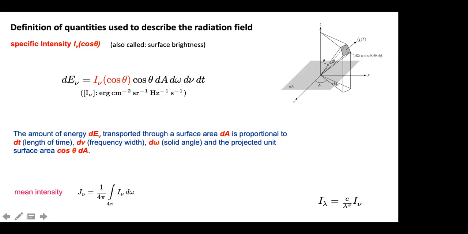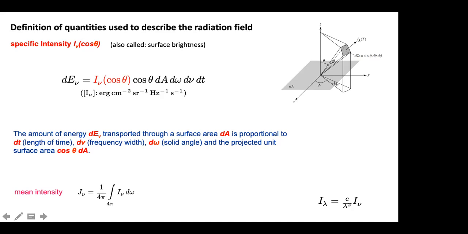The first quantity we define is the specific intensity, that is sometimes also called surface brightness, and we can define it from this equation, considering that E is the amount of energy transported through the surface A in the time t, in the frequency nu, and in the solid angle omega.